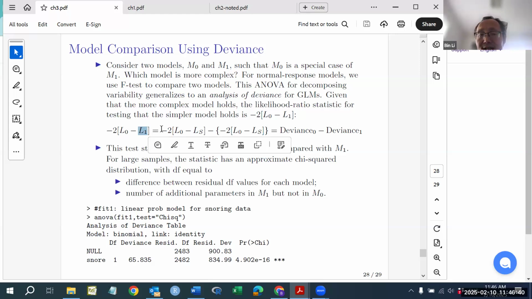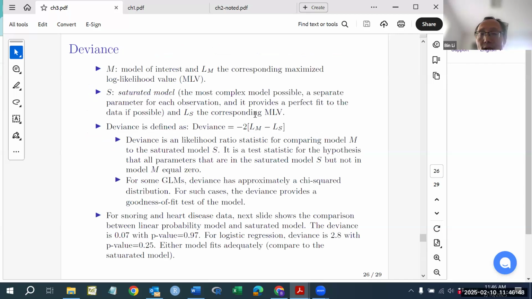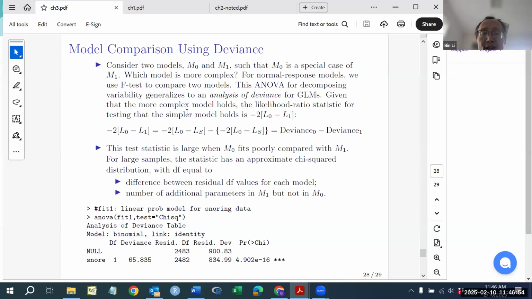And we can rewrite it as -2 times (L0 minus LS). What is LS? LS is the saturated model's maximum likelihood value. So we can rewrite it as this one minus this one.